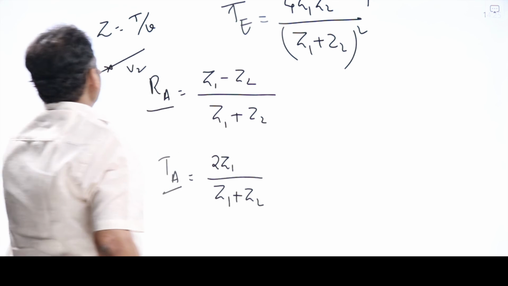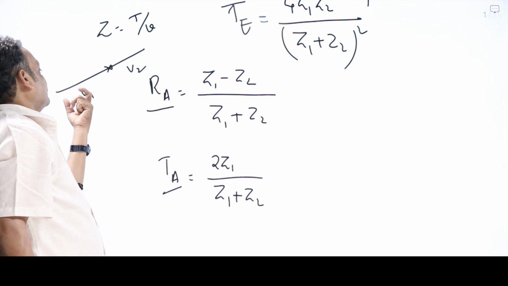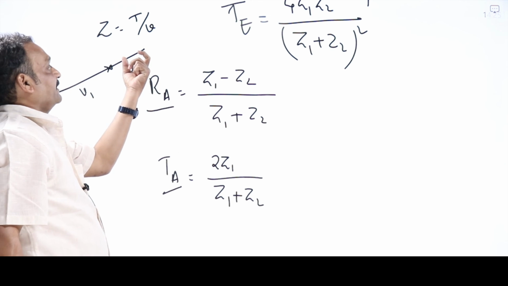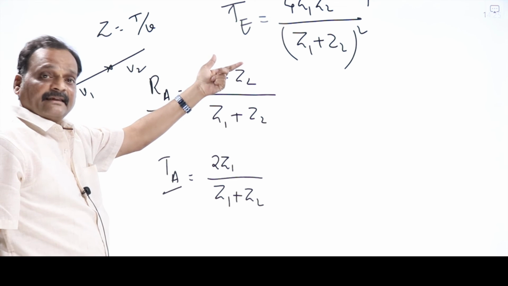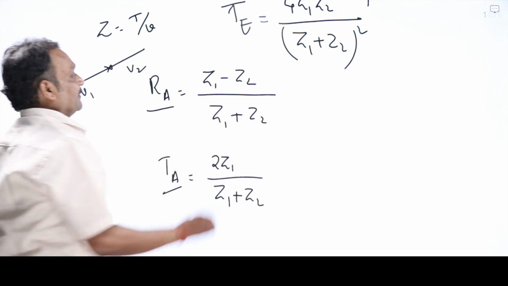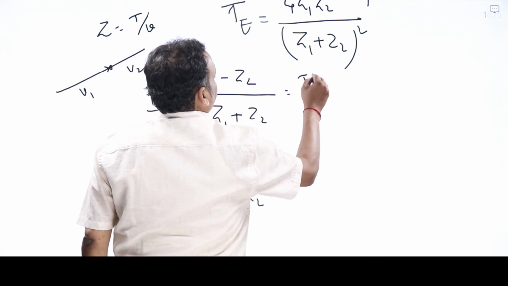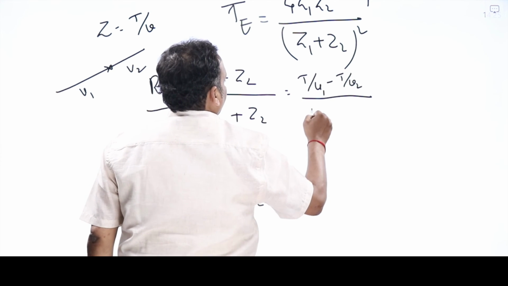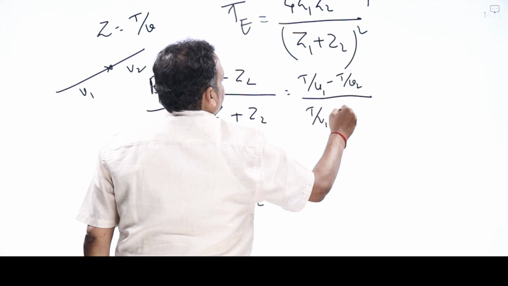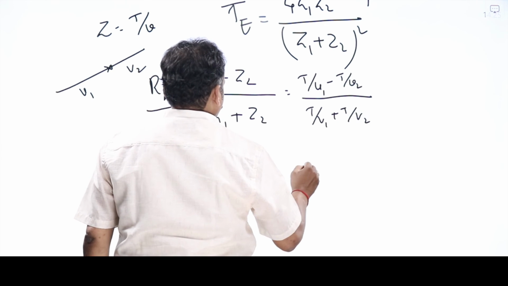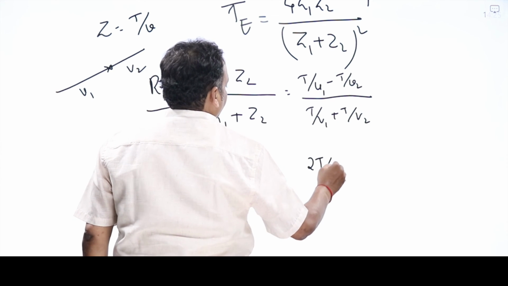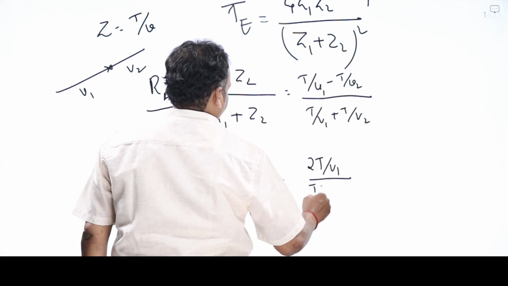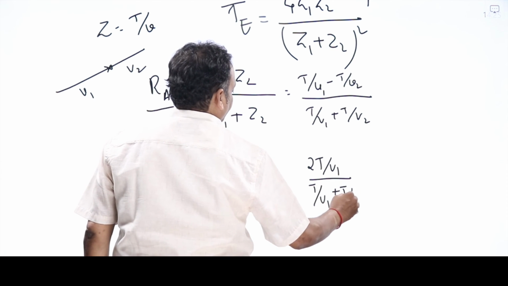The entire string, both the first string and the second string, will have the same tension. So I can write this as (T by V1 minus T by V2) by (T by V1 plus T by V2). Similarly, this is 2T by V1 by (T by V1 plus T by V2).